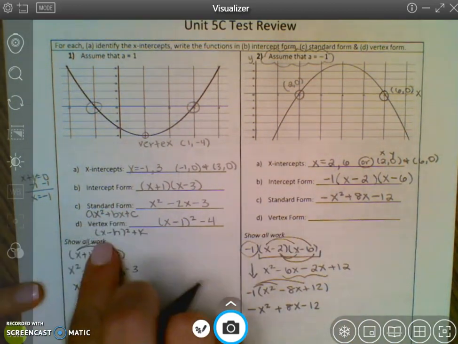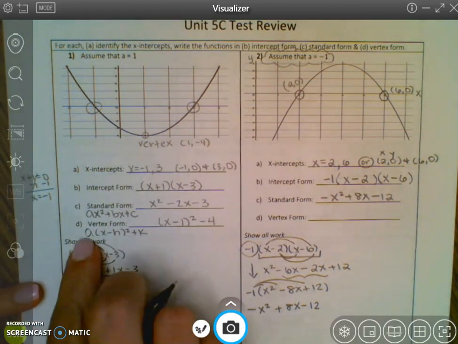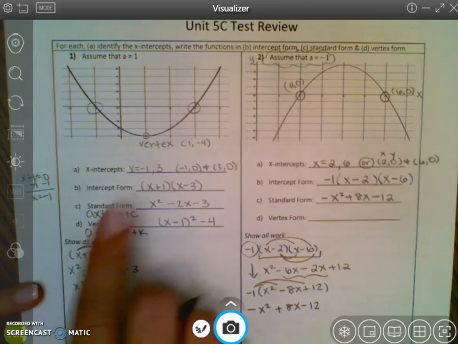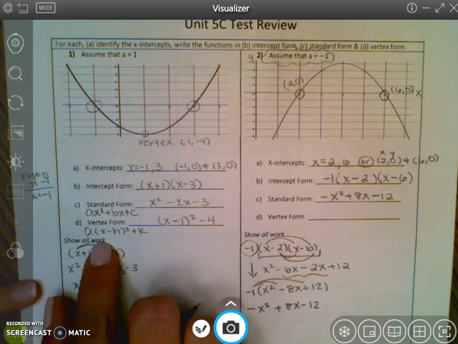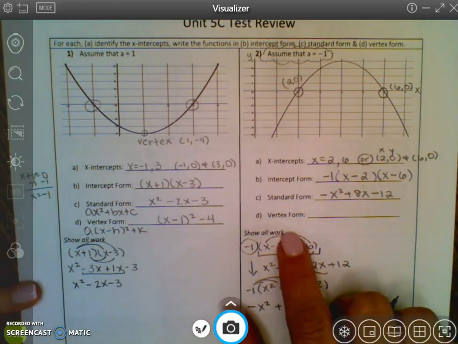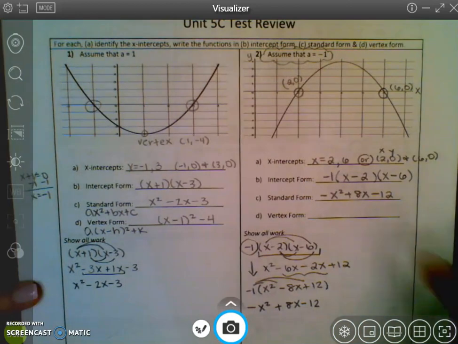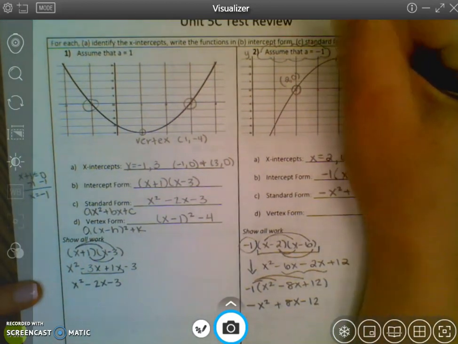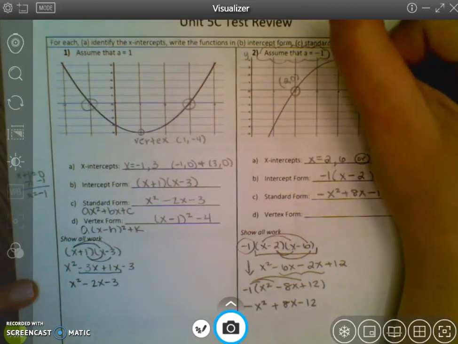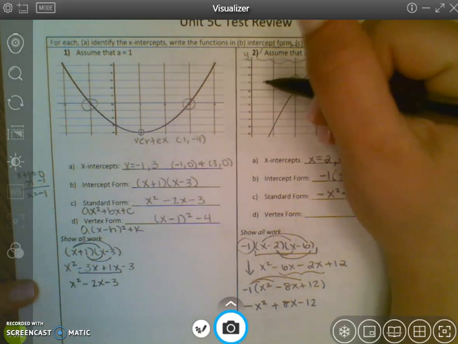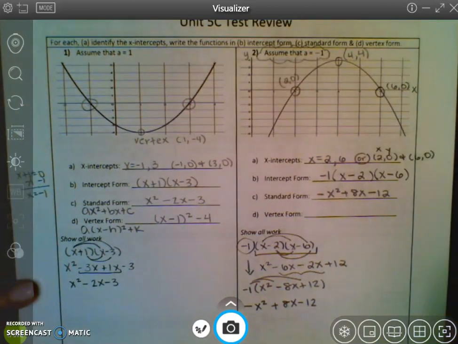The next thing is vertex form, and that's where you have x minus h squared plus k, and technically there's the a out front. I didn't write it for number 1 because a was 1. However, it's going to matter for number 2 because a is not 1, a is -1. So my vertex is up here at the top. My vertex is at 4, comma, I think it's a 4. 1, 2, 3, 4. Yep, 4, 4.